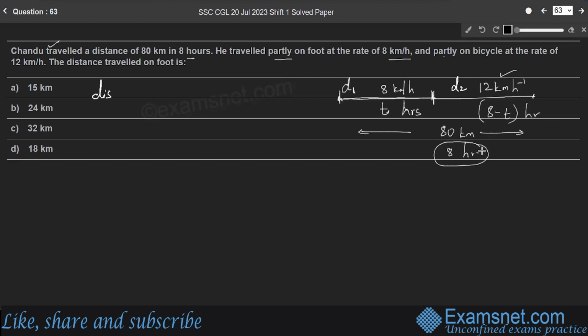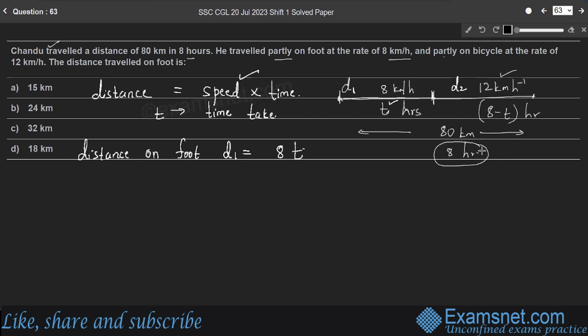So distance is equal to speed into time. The distance covered by him on foot, D1, is equal to speed into time. He was traveling at 8 km per hour, and T is the time taken to cover the distance on foot.